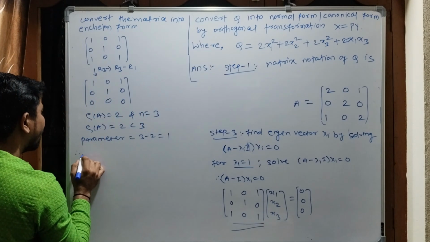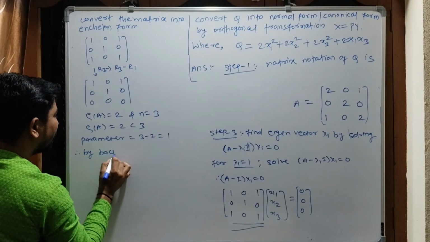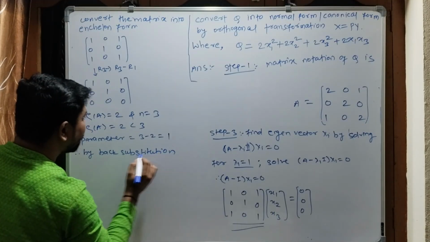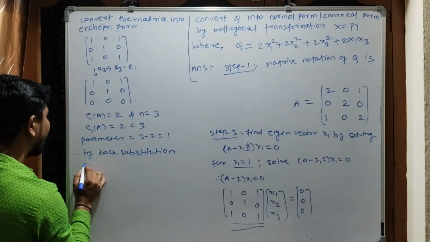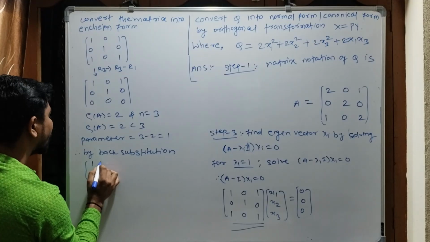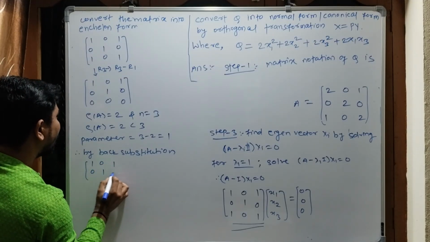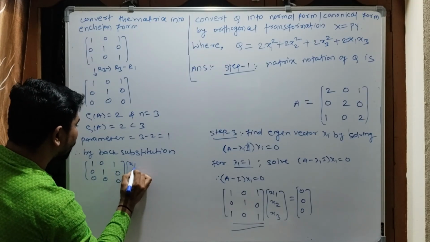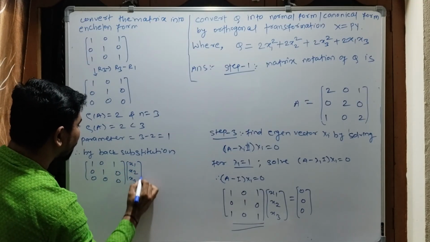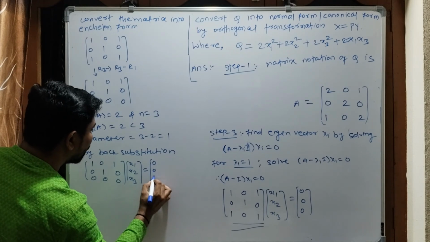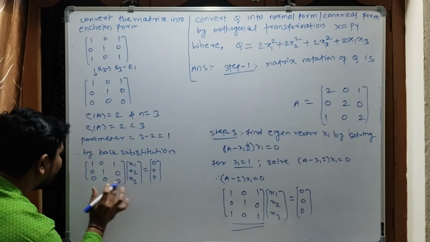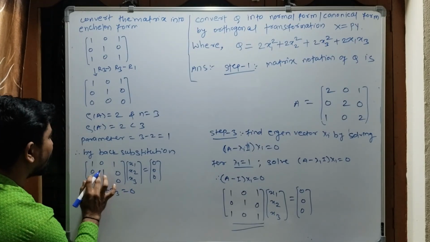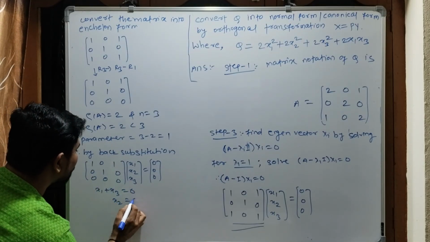Therefore, by back substitution, the matrix 1, 0, 1, 0, 1, 0, 0, 0, 0 times x1, x2, x3 is equal to 0, 0, 0. So again by back substitution, x1 plus x3 equal to 0. From row 2, x2 equal to 0.